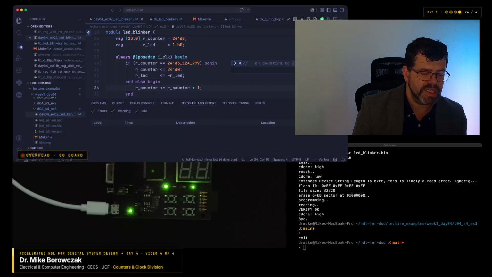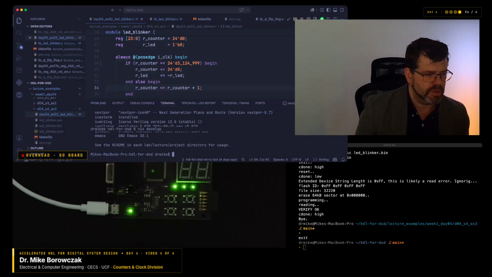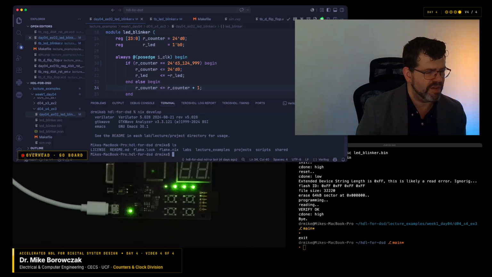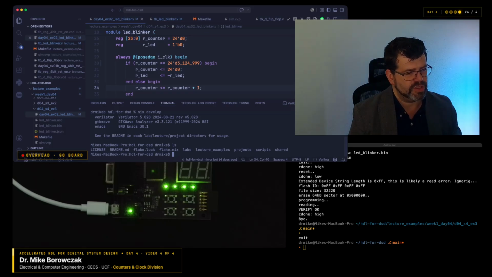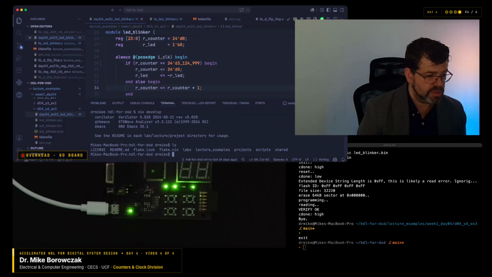So what's actually easier, I think, in this particular case, is you can hop over to your terminal, and as long as you are inside the very top level of the directory structure where all of this is located, you should be able to type in nix develop. And let me clear this out just so it's at the top and you can see it.